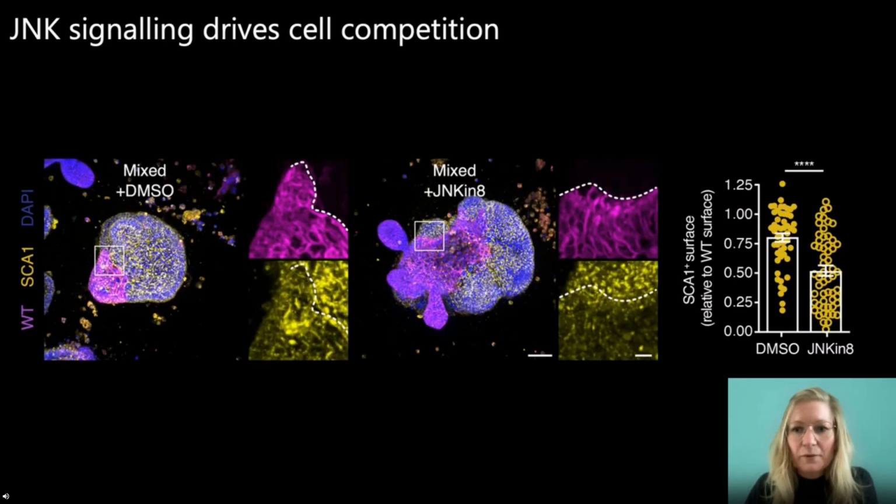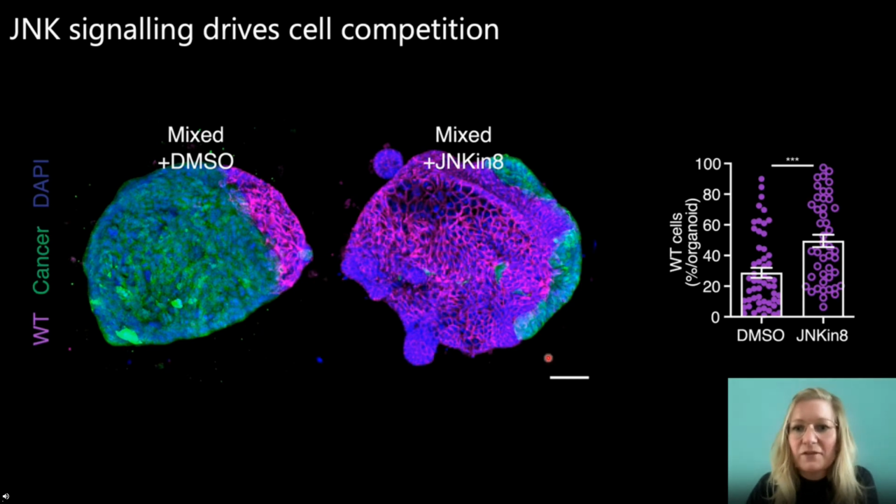And therefore, we next wondered whether JNK signaling is involved in cell competition in this system. And what we did first is treat our cultures with a small molecule that specifically inhibits the JNK kinase. And this treatment was sufficient to prevent the reversion of wild-type cells to a fetal-like state upon competition, giving us the first indication that JNK might be involved in outcompetition of wild-type cells.